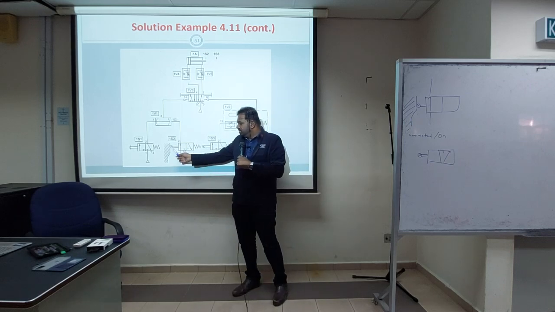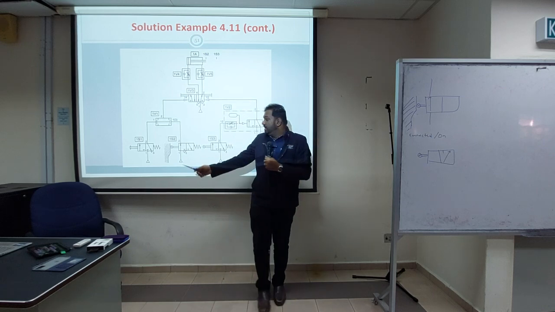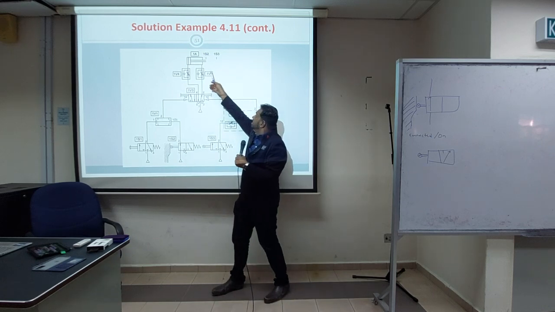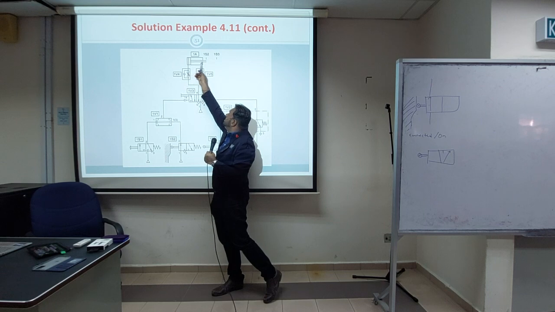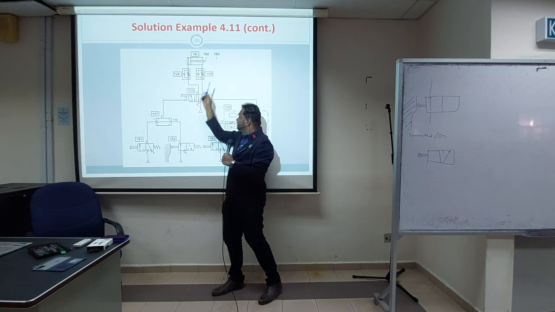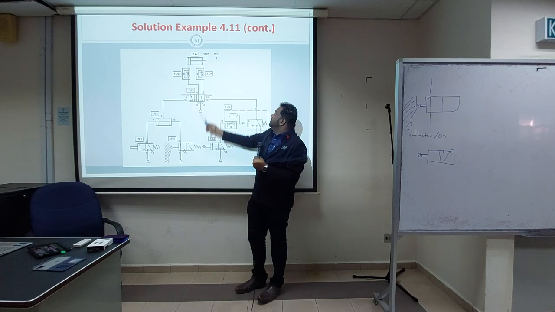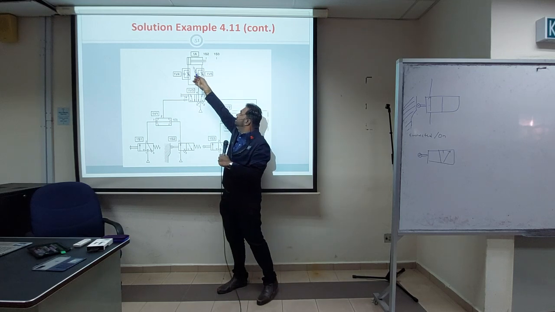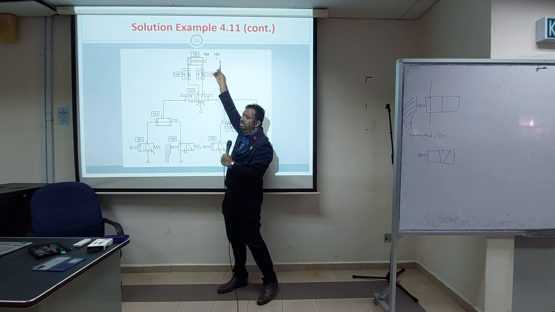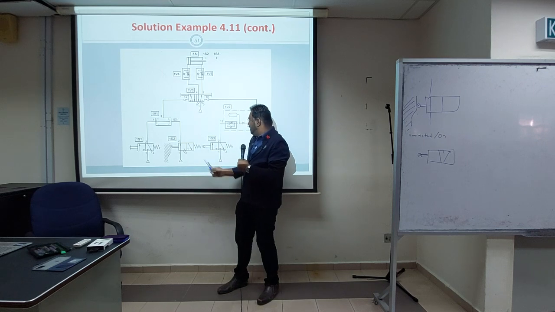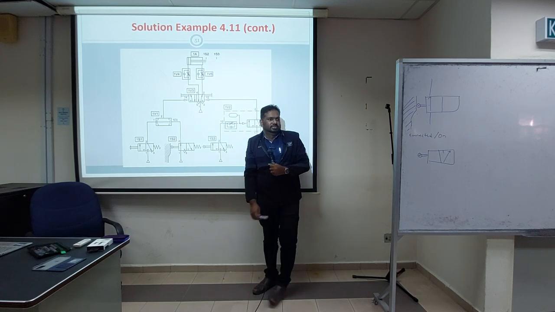So, yang ni maksudnya dia dah on. Maksudnya ada connection. Sebab silinder dah balik, 1S2 dah on. So dah on, so yang ni pun on lah. So 1S3 dia off sebab silinder ada kat sini, yang ni tak ada, is not on, off. So dia jadi macam ni.